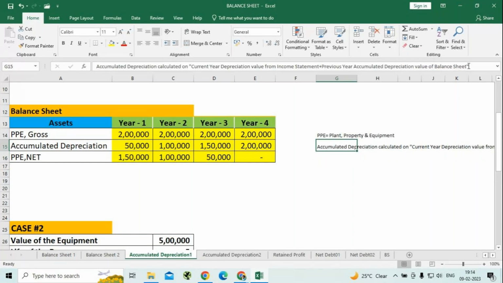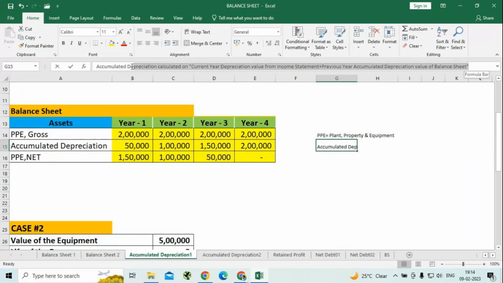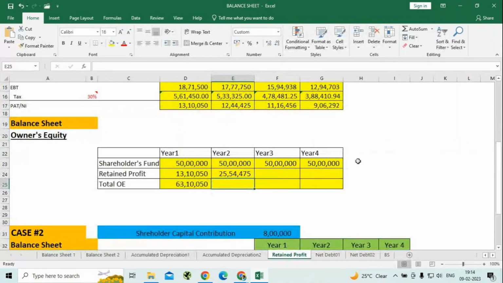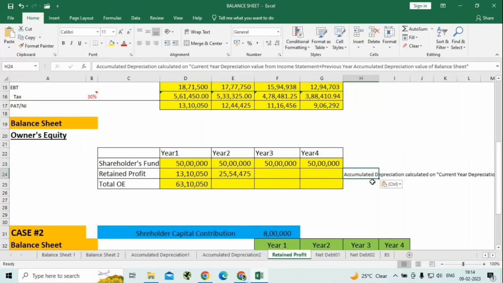At the same time, when I calculate the retained profit, it is a similar type.